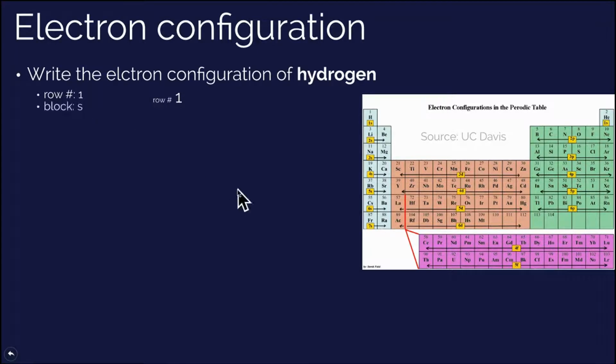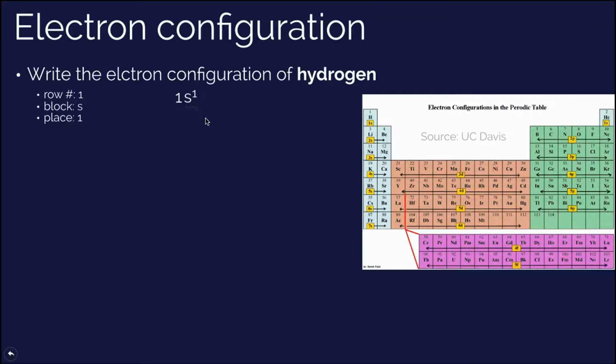Next up, we need to know what block it is in. You see that hydrogen is right here in the S block, so we'll just state that the block is S. Next thing we write is the letter of it. So far we have 1s for the configuration of hydrogen. And the last piece that we need is the placement inside of that block. Hydrogen is here in that first spot in the S block, so we will just say that it is 1, so we put in a 1 superscript for the place of it.